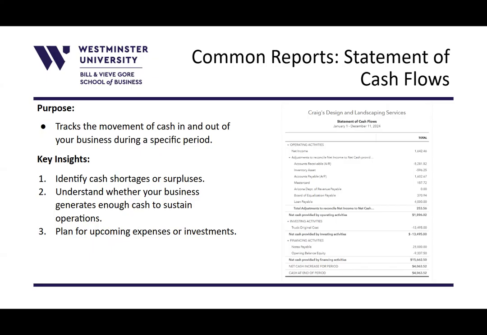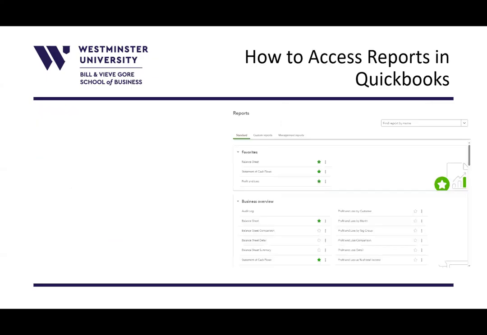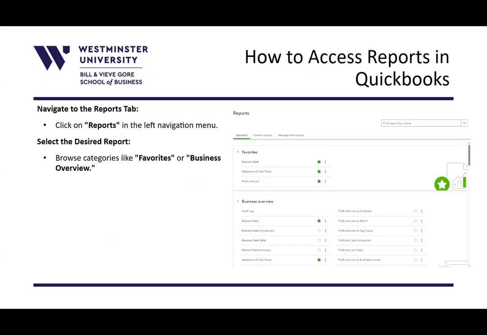And now let's understand how to generate these reports step by step in QuickBooks. Generating reports in QuickBooks can seem overwhelming, but breaking it down into steps will make it easier. You will first start by navigating to the Reports tab. This is your gateway to all report types.